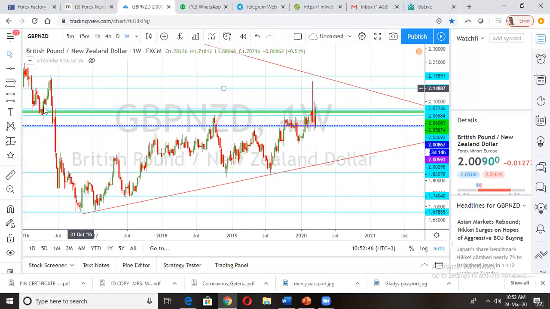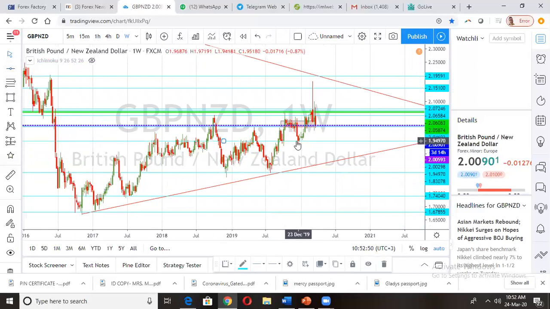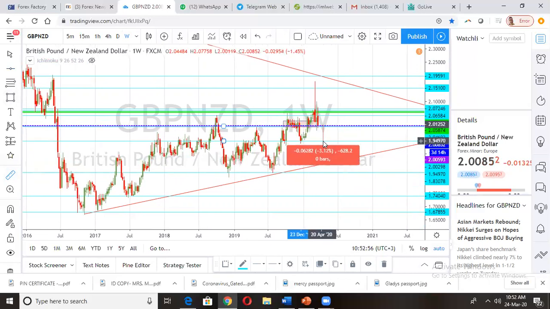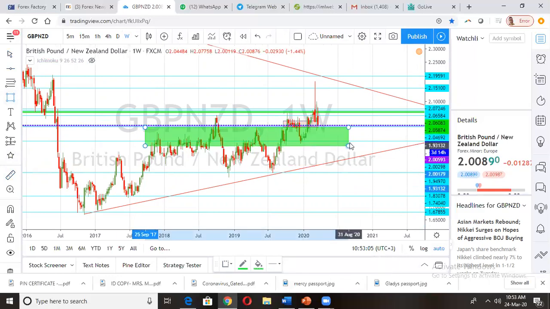Ooh, clear. In fact, I'm very happy I've seen this. So GBP NZD is very bearish. And I'm looking at quite a number of pips here, about 600 pips. So if we just take 100 of those, not too bad.